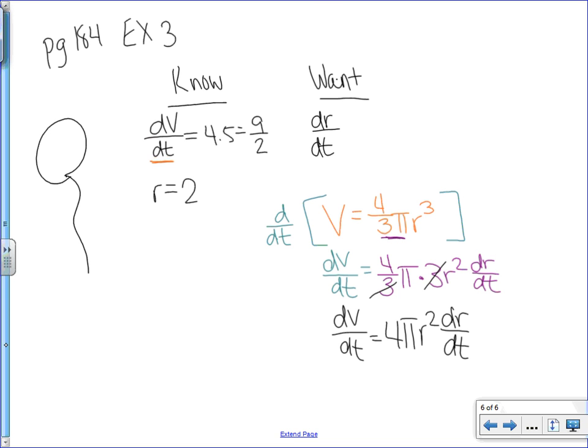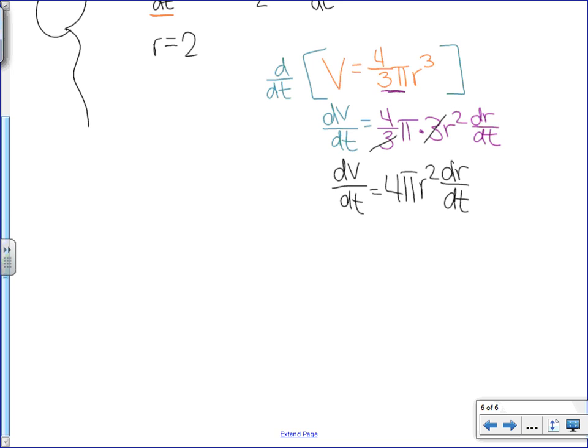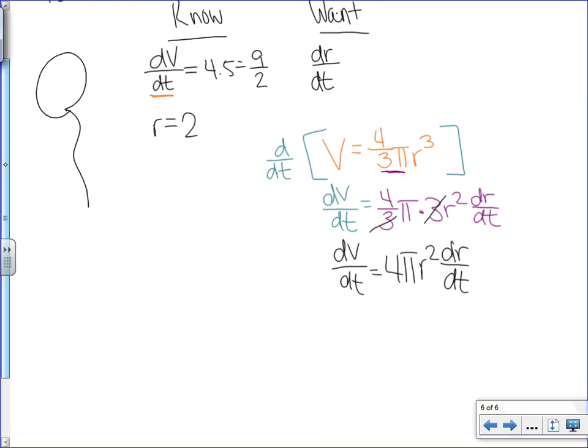Now I can plug in what I know. I know that dV dt is 9 halves. 4 pi is just 4 pi. For r, I want this when the radius is 2, so I'm going to plug 2 in here. And what I want is dr dt, so that's just going to stay.